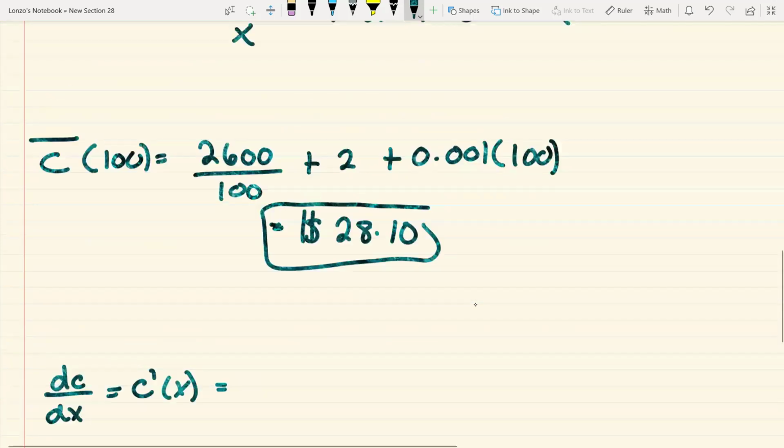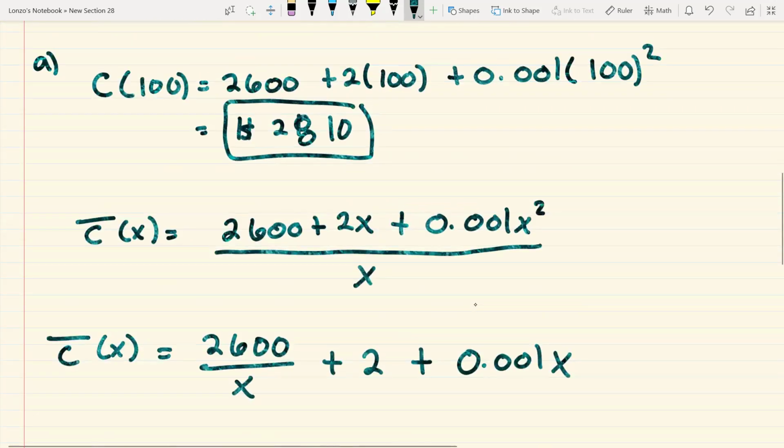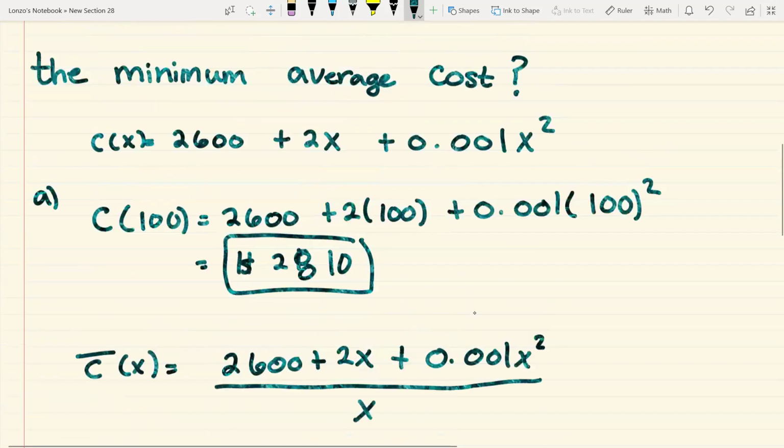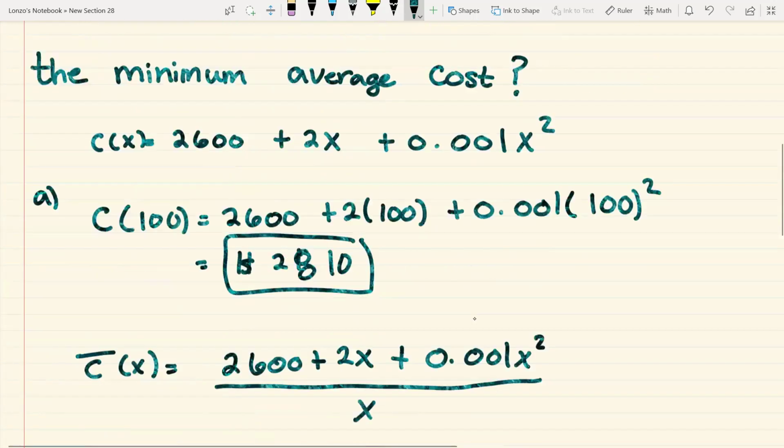So where is your C function? It's this one. Your C of x is 2600 plus 2x plus 0.001x squared.